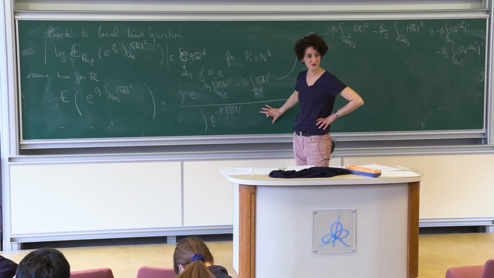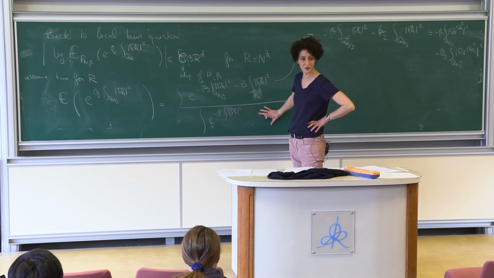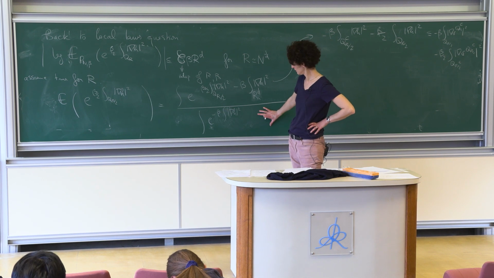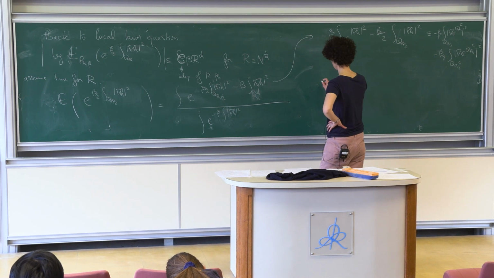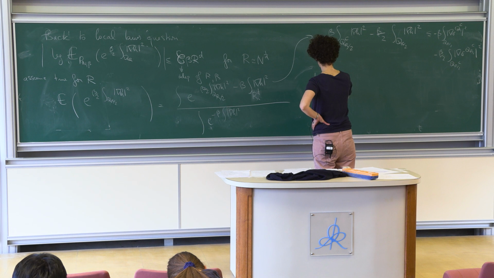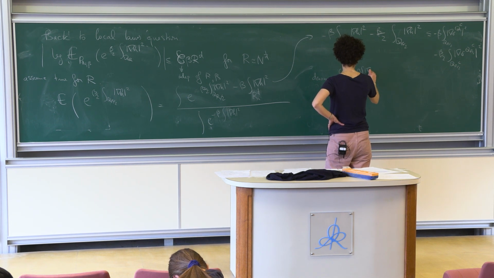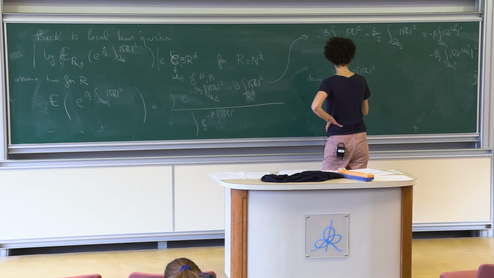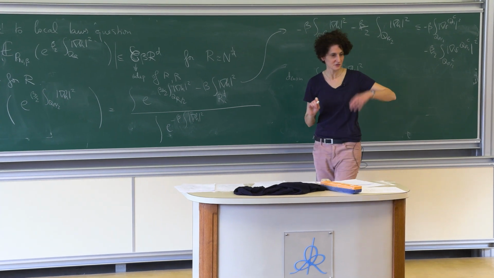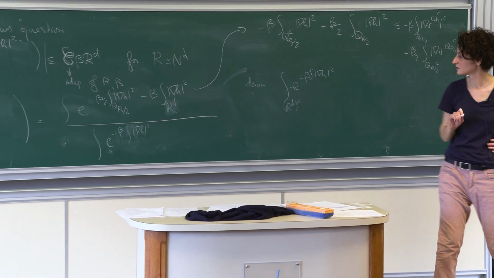Okay, now the denominator. I want to have a bound from above here. So I can use a bound from below for the denominator. So the integral of e to the minus beta grad h squared. You have a question? V was for the Neumann model.